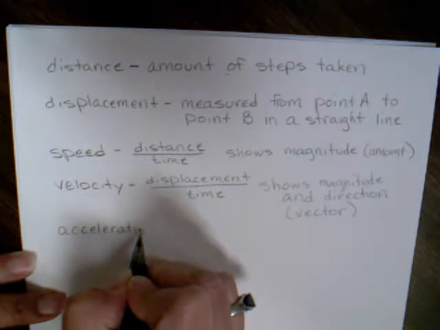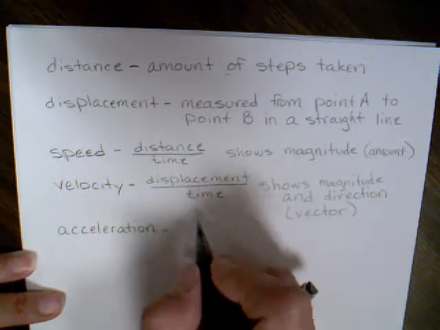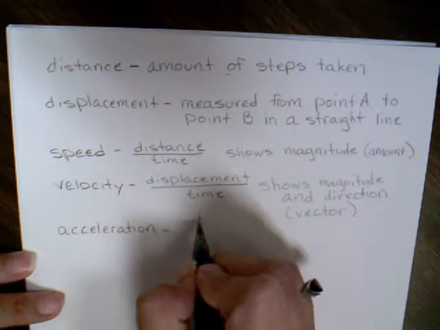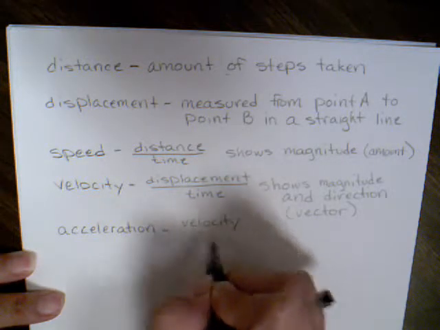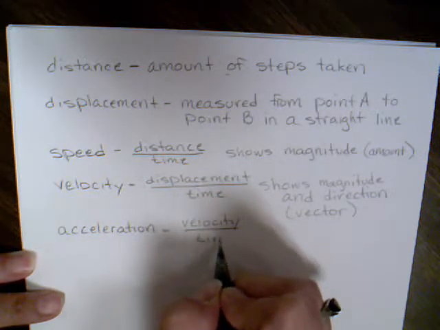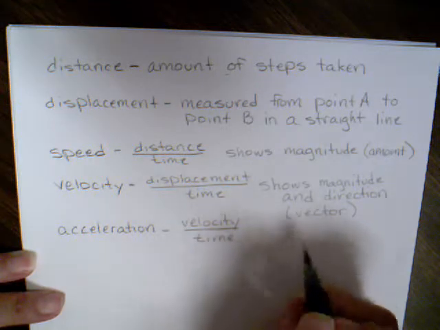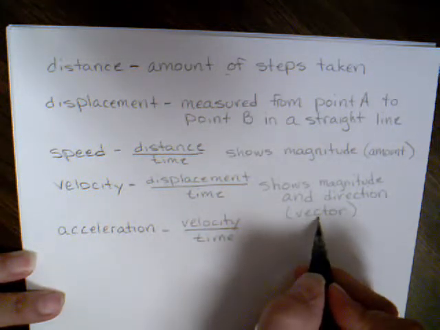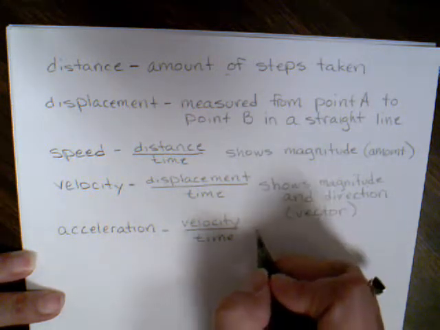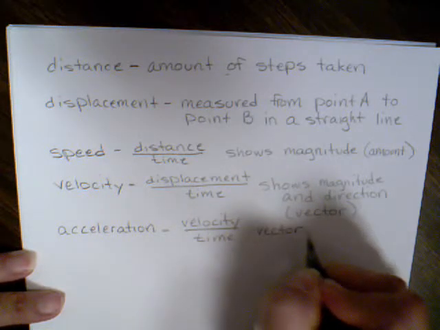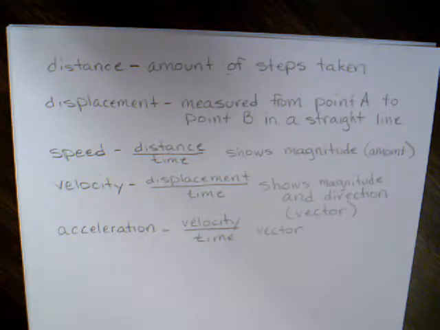Acceleration is velocity over time. Since velocity is a vector, acceleration is going to be a vector, which shows magnitude and direction.